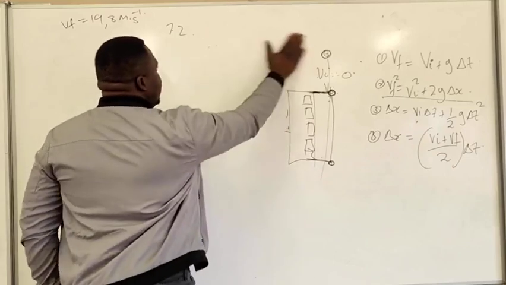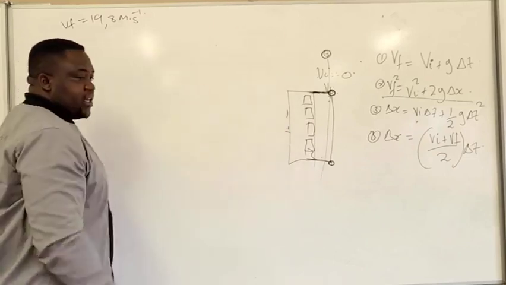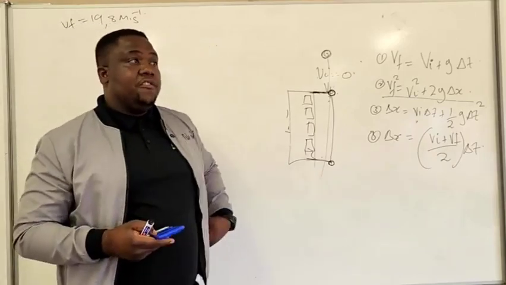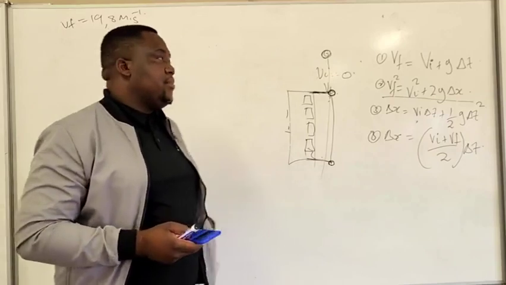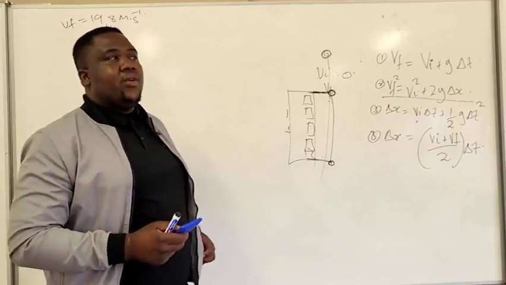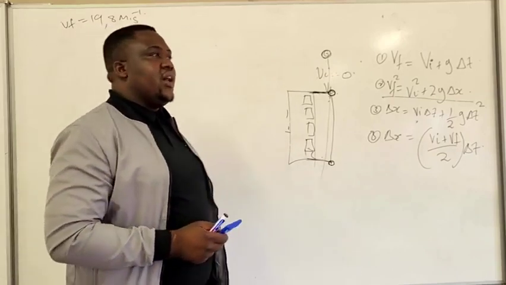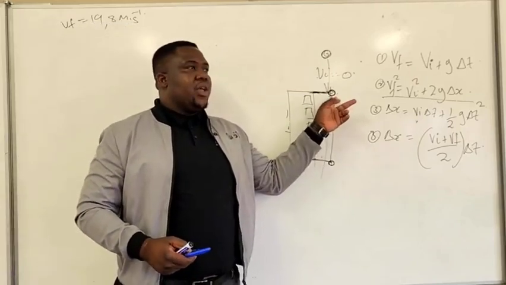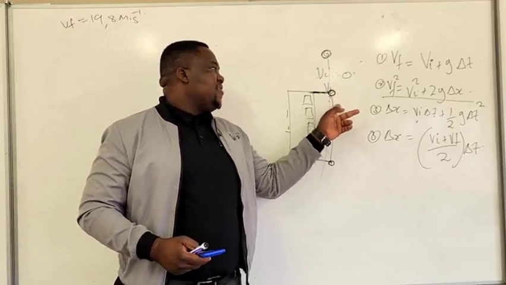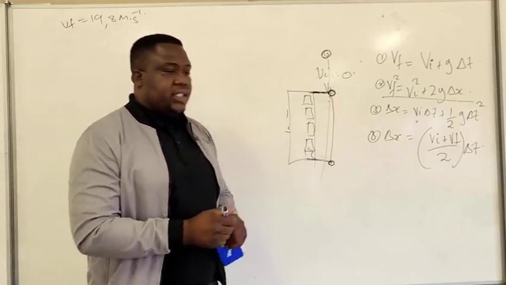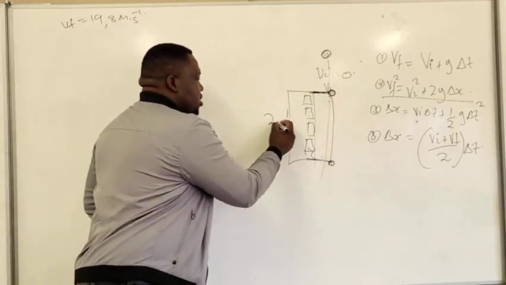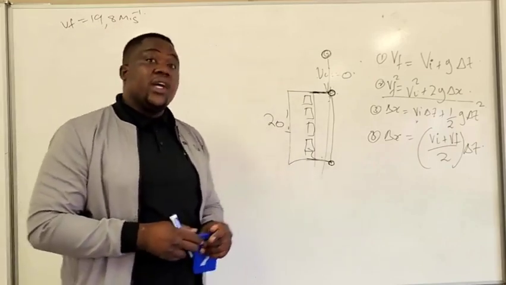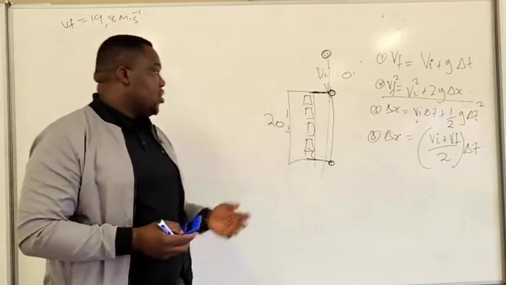This is what you need to think of when you are solving this 7.3. When they say calculate the time it takes for the ball to reach the ground, in other words, they're saying calculate the time the ball took to travel 20 meters.